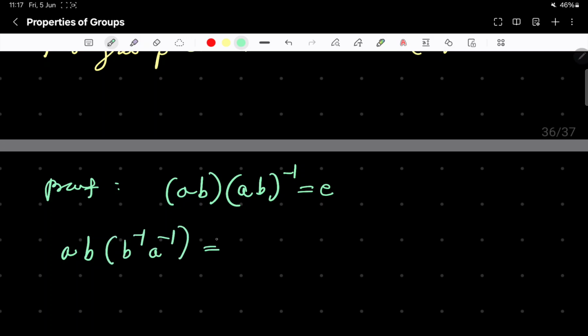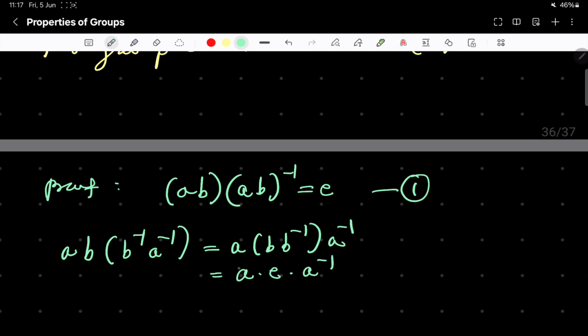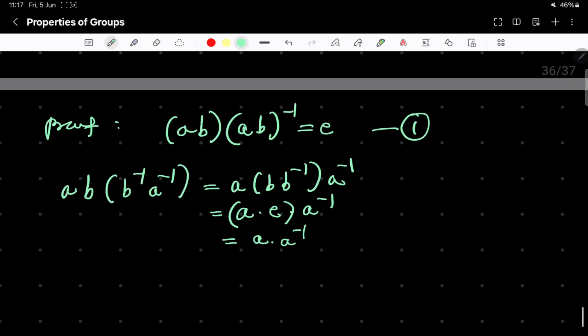Let this be equation 1. Now we work out this particular product: A, A inverse, and we know by identity B inverse equal to E, right? And again we will make it A inverse, so this also becomes E.